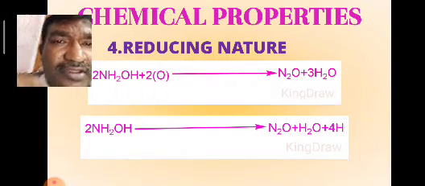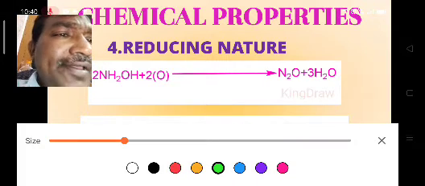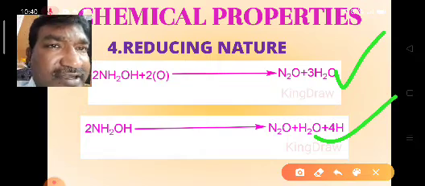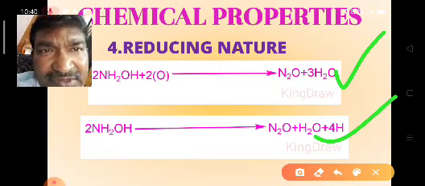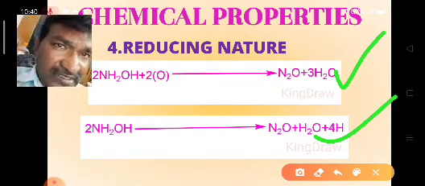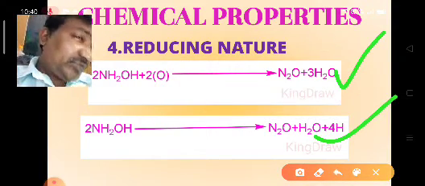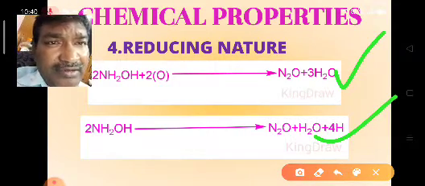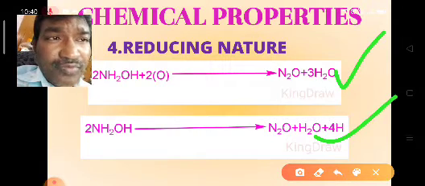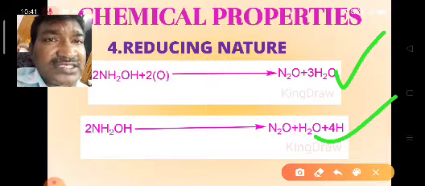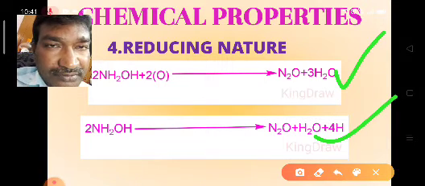So look here my dears, this is the first reaction and this is the second reaction. In the first reaction what happens? Hydroxylamine is gaining oxygen atoms from the other substances and it is decomposing or oxidized to give N2O. N2O means nitrous oxide, and water.